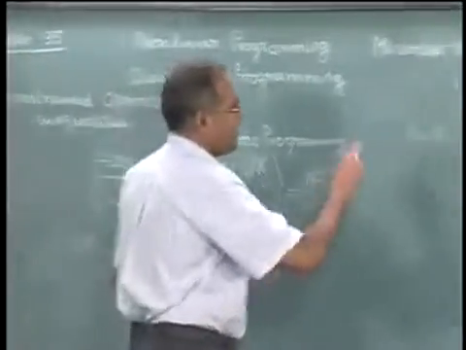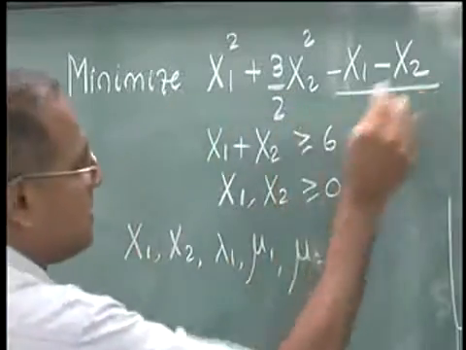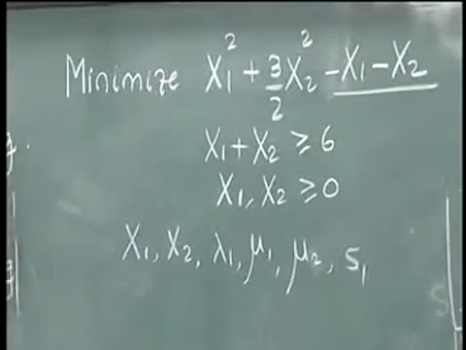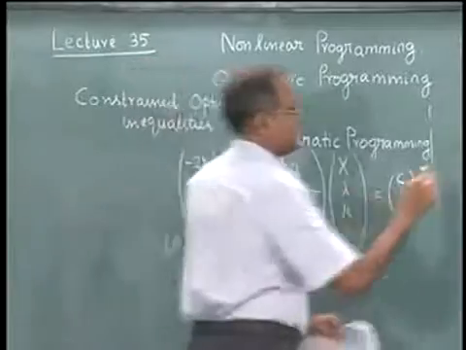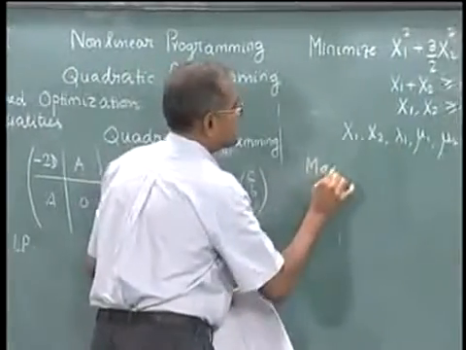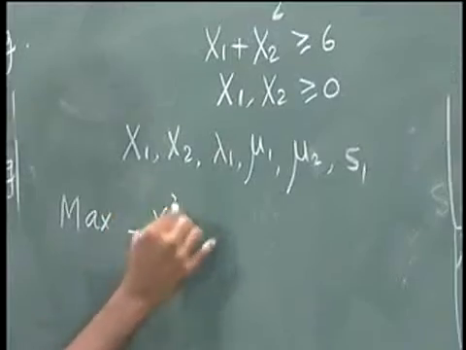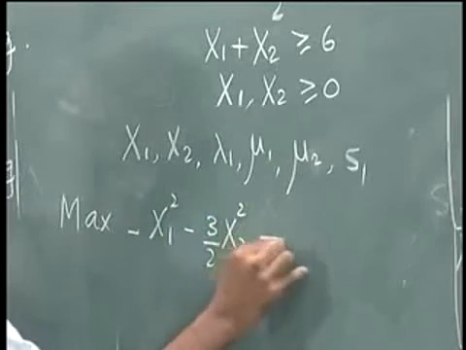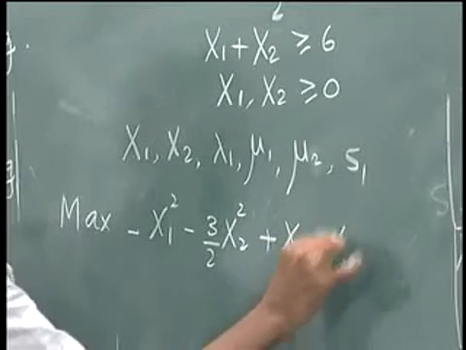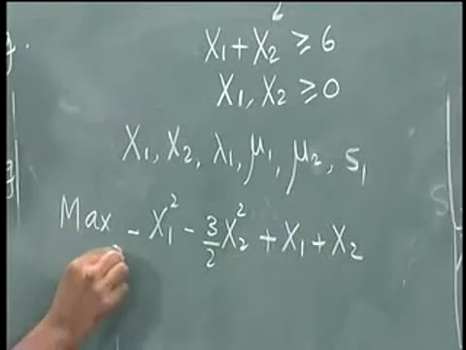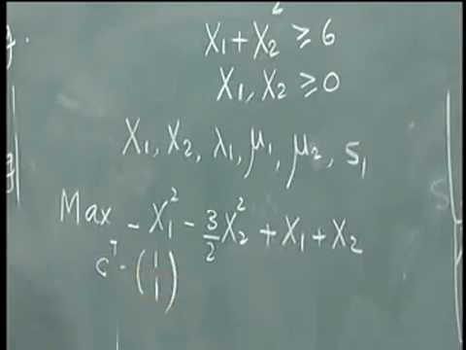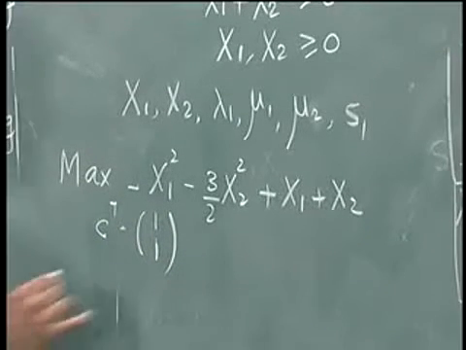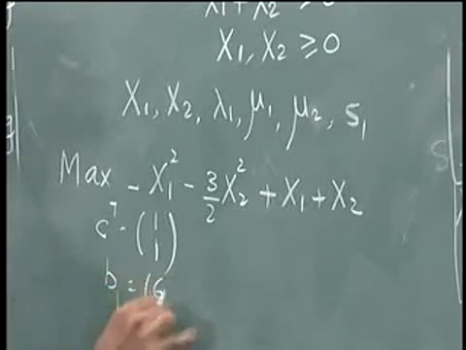Now again, this is the linear portion, so this is your C. So this first is written as maximize, because this table was set up for a maximization. So we get maximize minus x1 square minus 3 by 2 x2 square plus x1 plus x2, so that C or C transpose is 1 1. B, which is the right hand side, is 6.